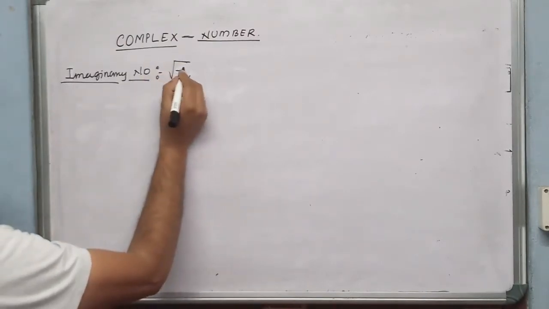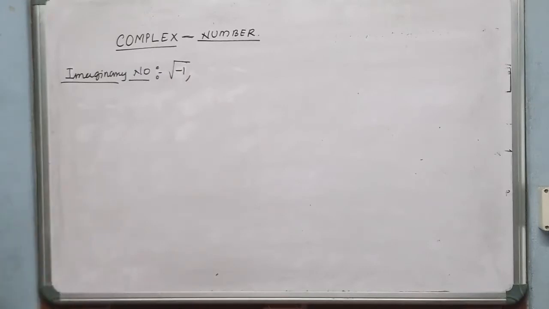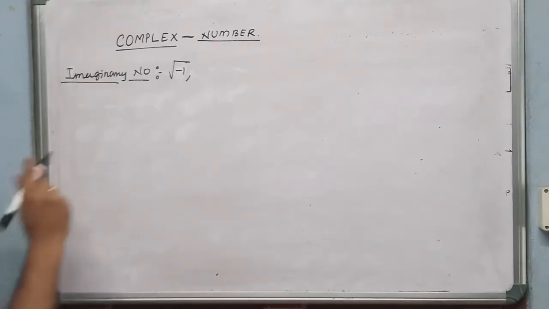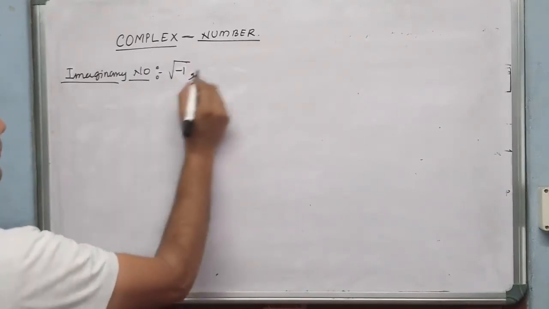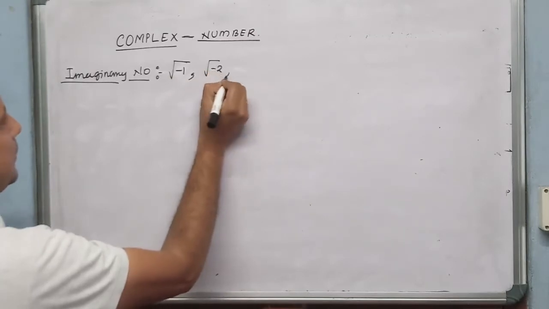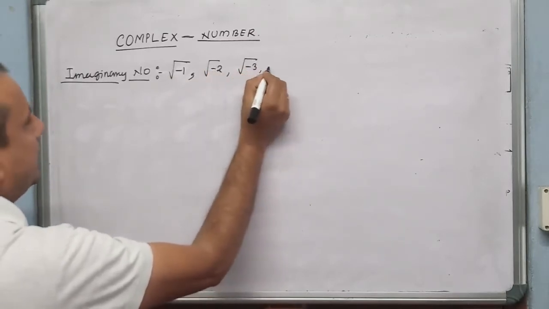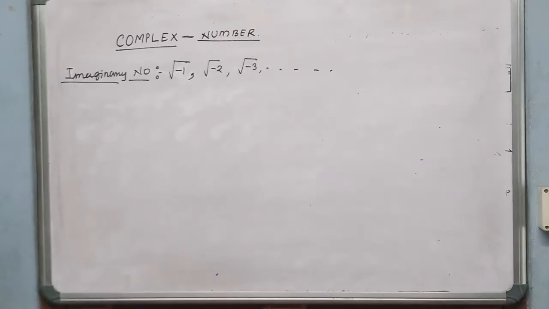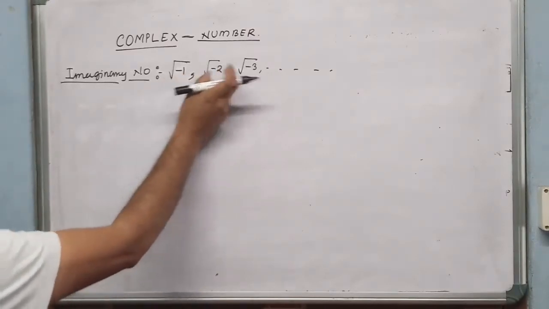Till today, the value of under root negative quantities has not yet been discovered. Under root -1, under root -2, under root -3, and so on. The root of negative quantities is called an imaginary number. It's very difficult to write these things while solving numericals.